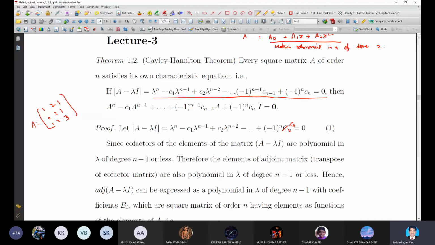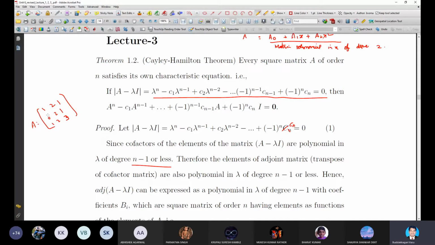Okay. So here the matrix is A minus lambda I. Since the cofactors of the elements of the matrix A minus lambda I are polynomials in lambda of degree n minus 1 or less. This point you understood, I think. Clear? Yes, sir. Suppose A is a square matrix, and A minus lambda I is like this: 1 minus lambda, 2, 1, 0, 2 minus lambda, 1, 1, 2, 3 minus lambda.